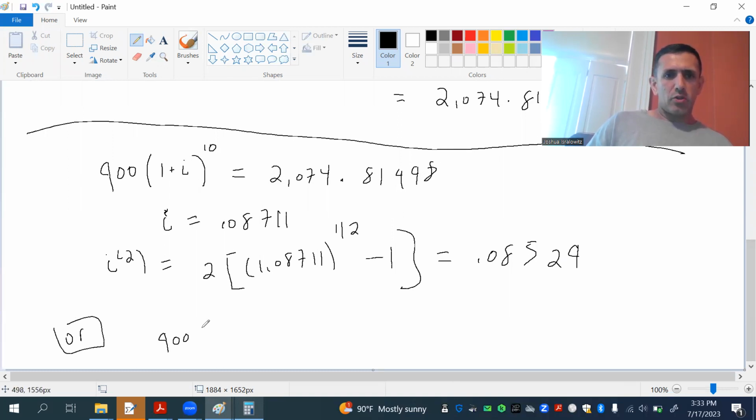All right, or let's get my actual 6-month equivalent rate for this 10-year period. So we're plopping 900 into an account earning this interest rate j per 6 months, compounded for 20 6-month periods.